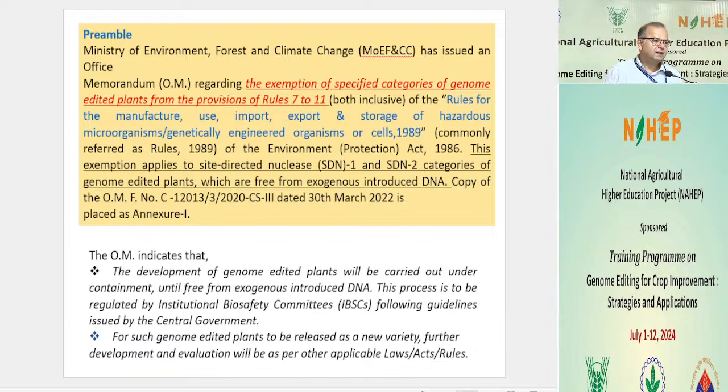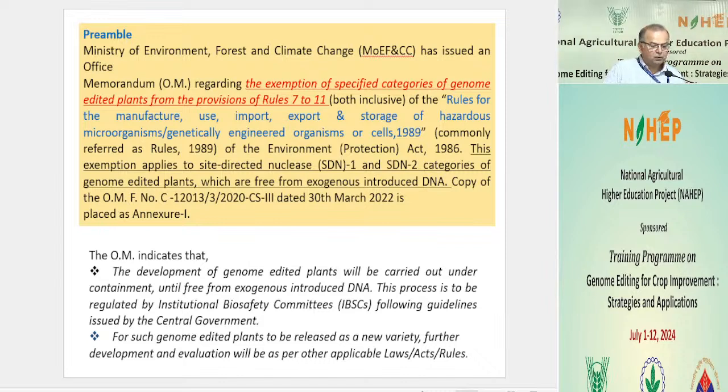That guideline is followed for handling transgenic material before giving the environmental clearance. So this OM says that from that set of guidelines, rules 7 to 11, the genome edited plants are exempted, which are prescribed for recombinant material or genetically engineered plants.